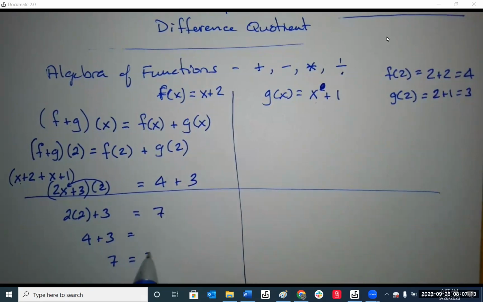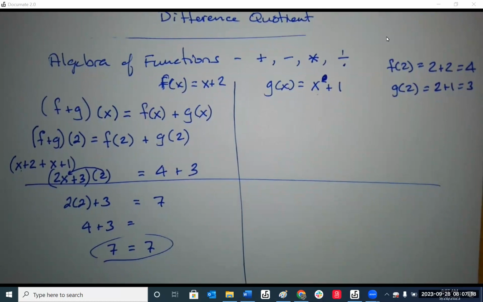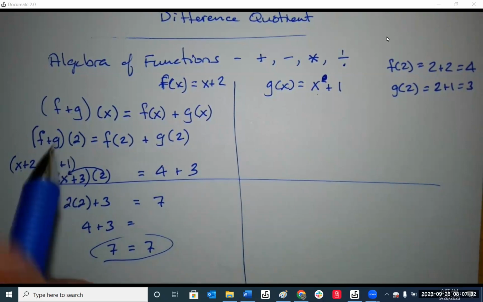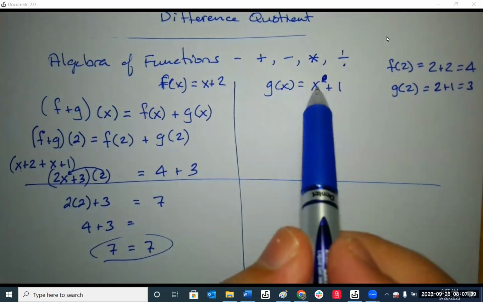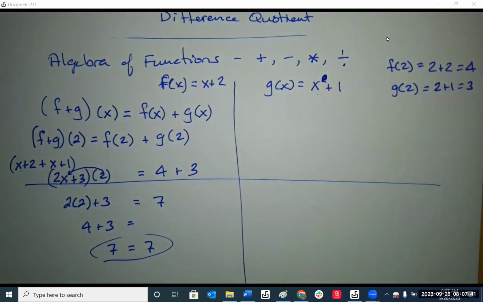Add them together, I get 7. You get the same answer. When you combine two functions together, you always combine like terms. That's why I changed it from x squared to x, so we can combine the two x's.